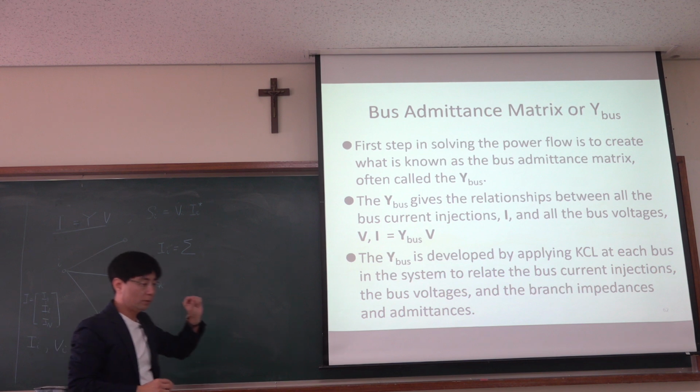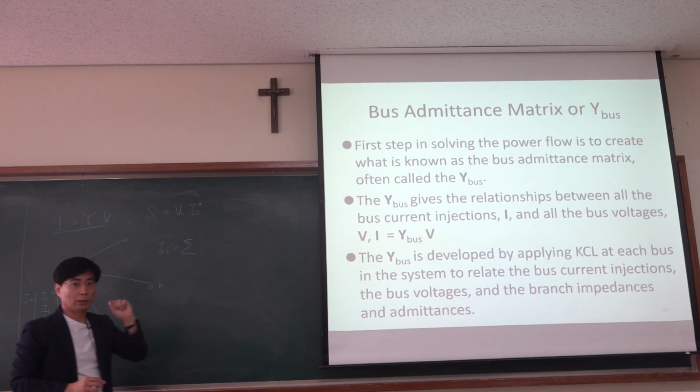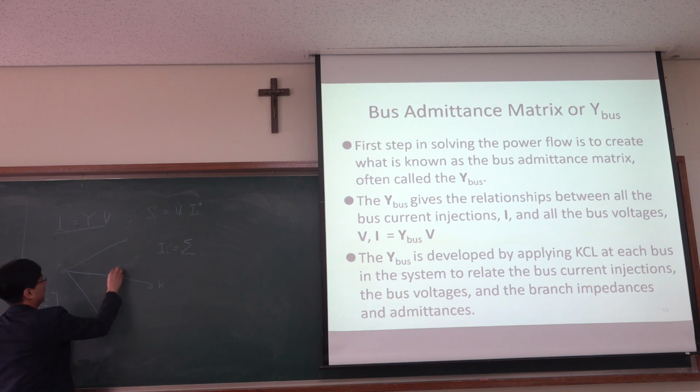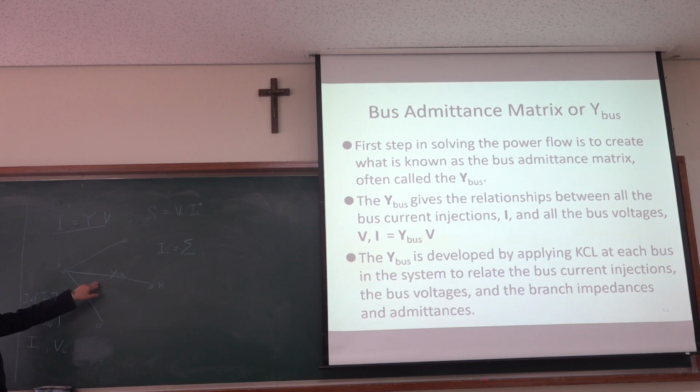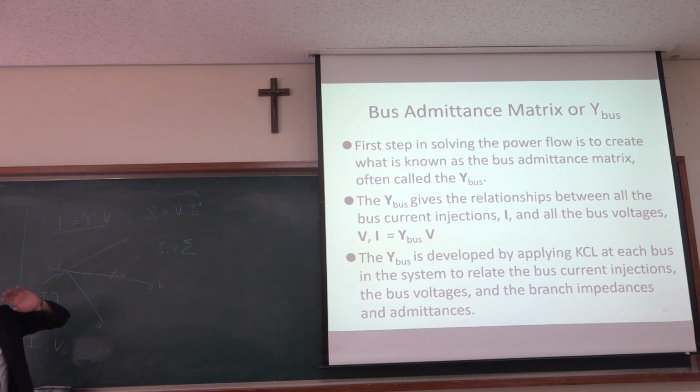And the inverse of impedance is called admittance, right? So let's say this small y sub ik is the line admittance between node I and K. Then the current injected into this network, I sub I, from Kirchhoff's current law, should be the same as all the outgoing current, right?